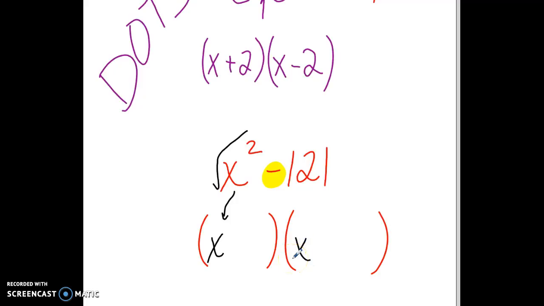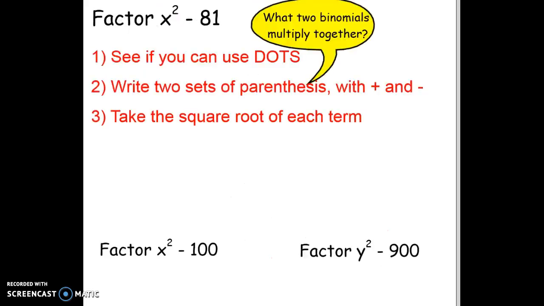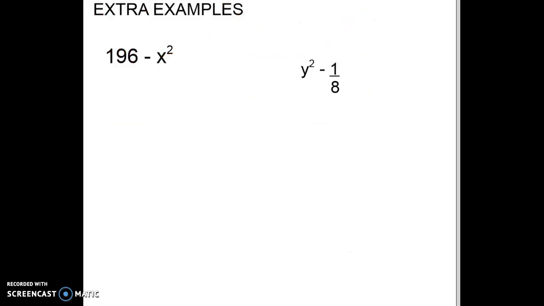I put that in the beginning. Then I take the square root of 121, which is 11, put a plus, I put a minus. Okay? This happens to be one of my favorite factoring methods.